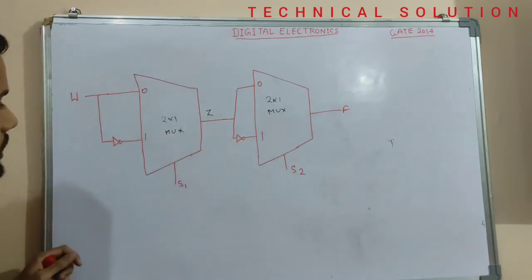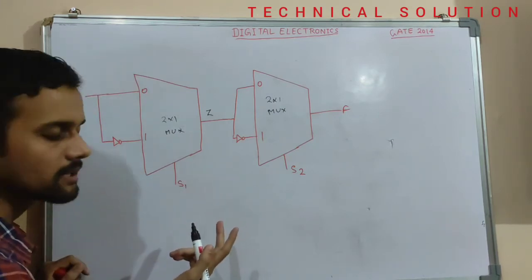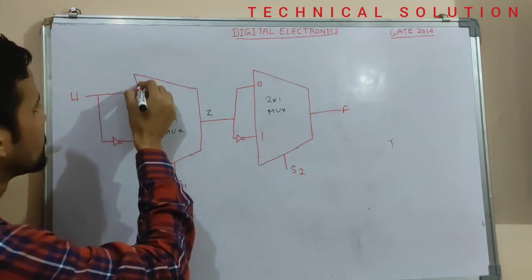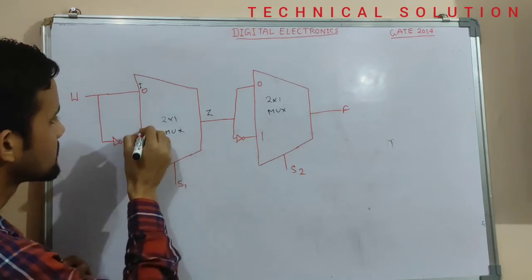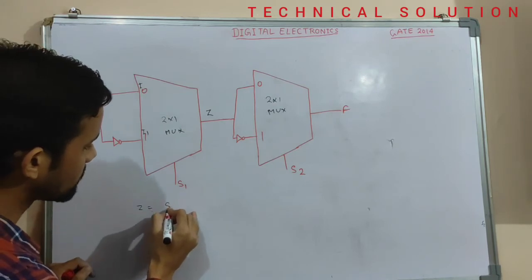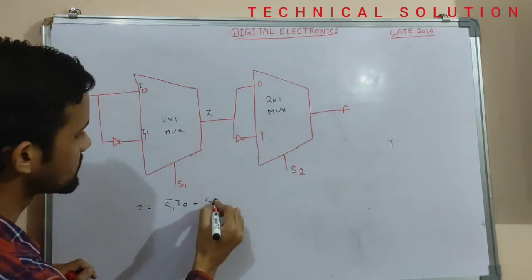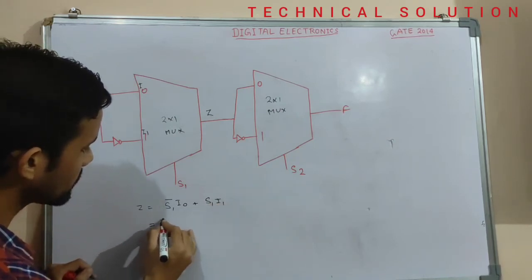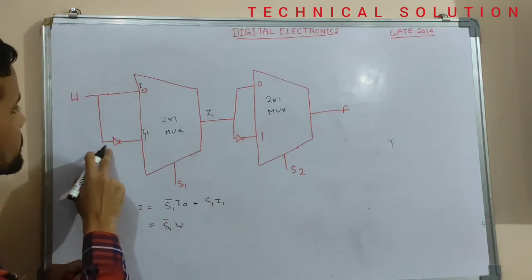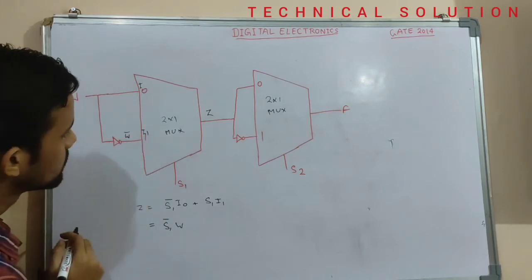This is the selection line S1. With one selection line, there are two possible combinations, S1 bar and S1. If it is S1 bar, then I0 is passed, and if it is S1, then I1 is passed. So Z equals S1 bar I0 plus S1 I1. Here I0 is given as W, and W is passed through an inverter, so I1 is equal to W bar.